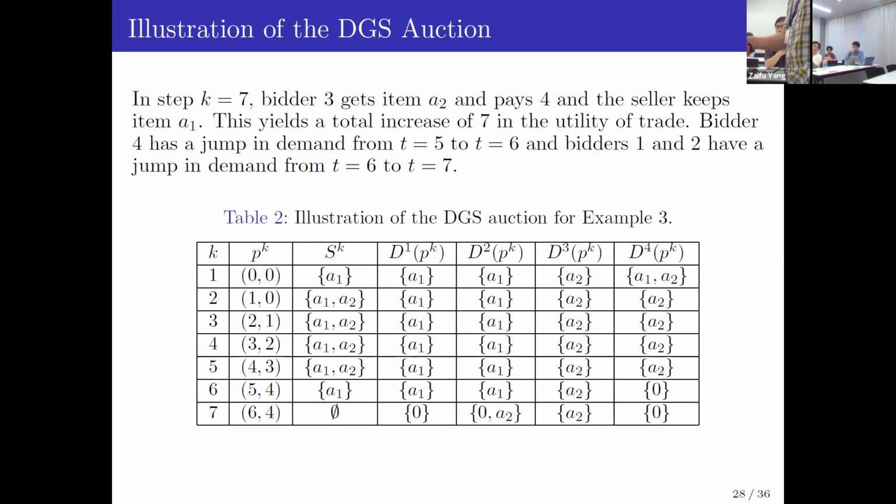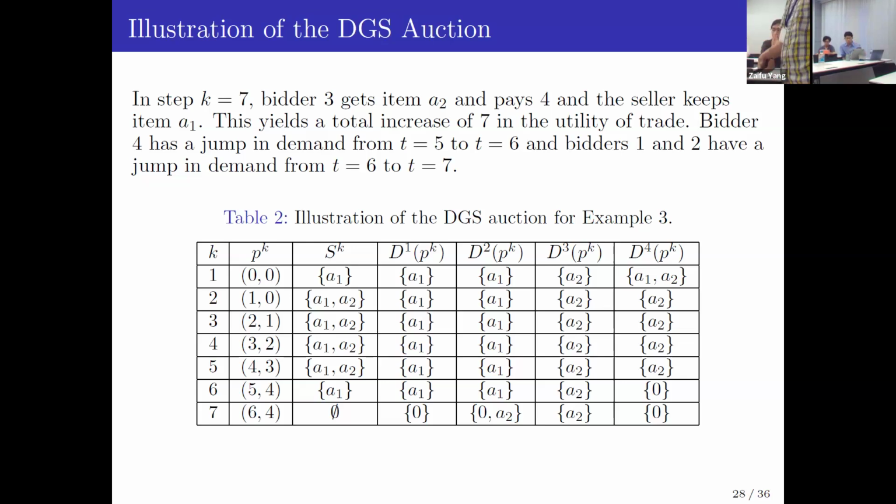So bidder 4, you see here, there's no continuity at all. And then bidders 1 and 2 also have a jump in demand from 6 to 7. So in the end, you reach this state, and the auction will stop.